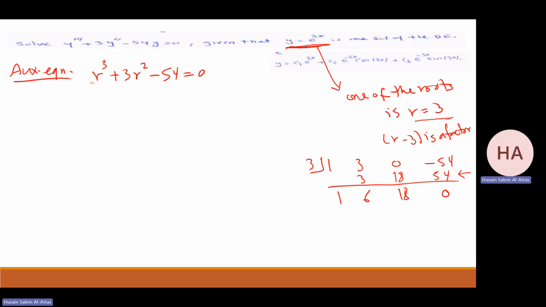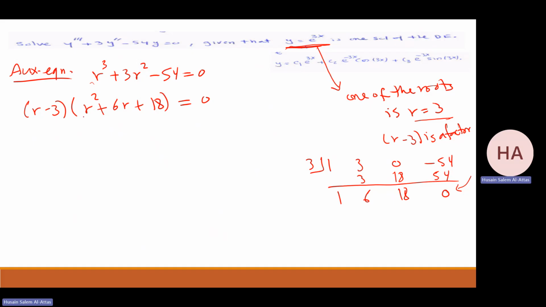Yes, this one should be 0. So r minus 3 times r squared plus 6r plus 18 equals 0.